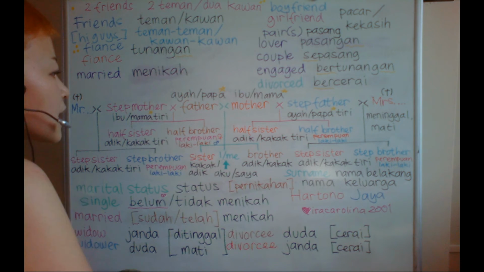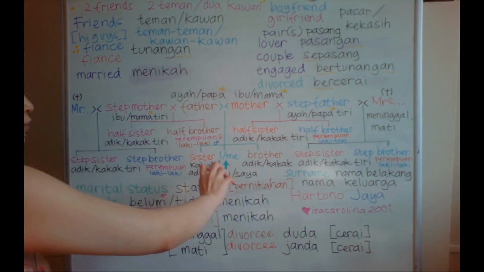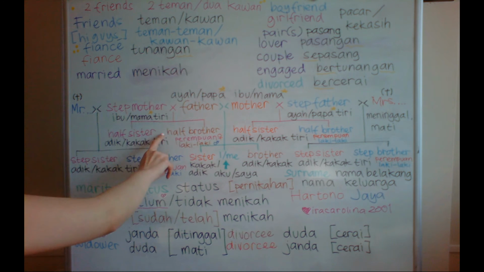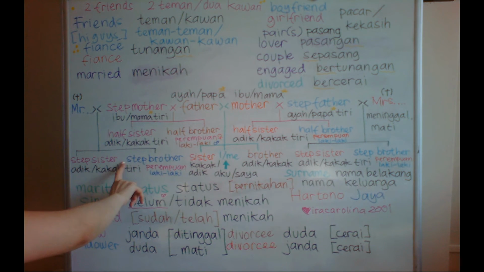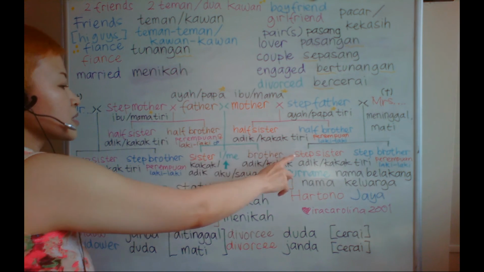And last part. Oh, yeah, not yet. I have to do this one first. As we can see here, this is half sister, and this is step sister. Half brother, step brother, half sister, step sister.